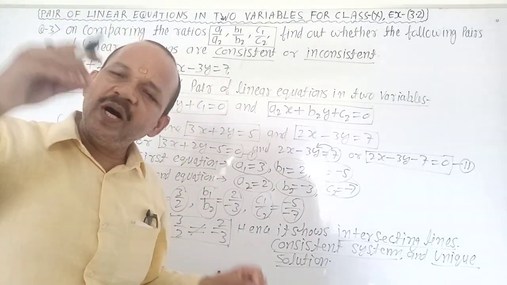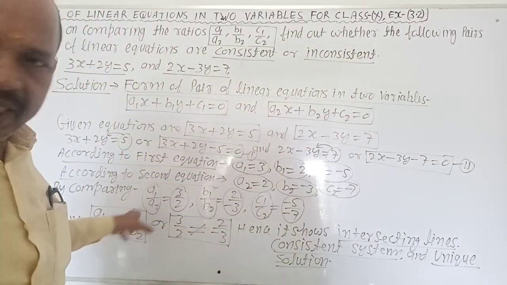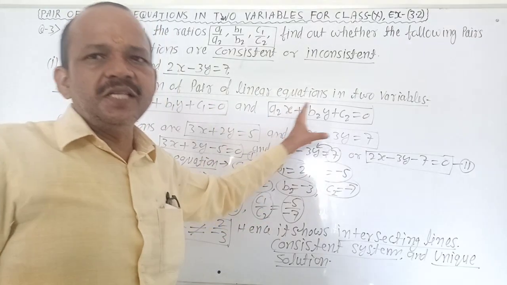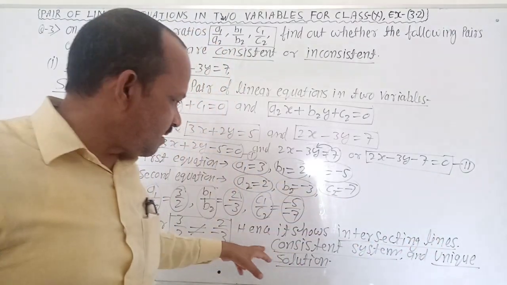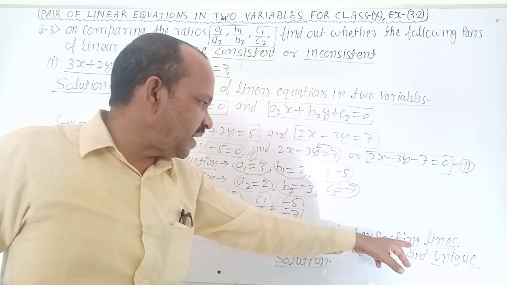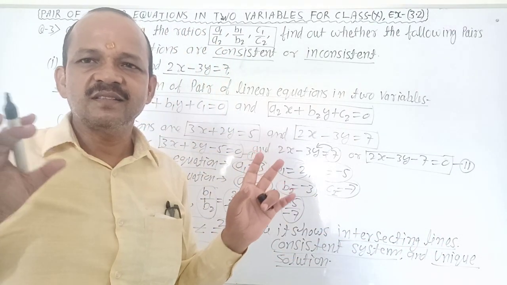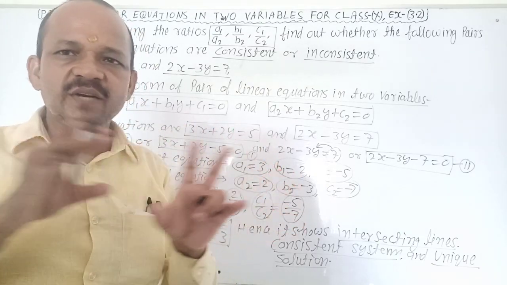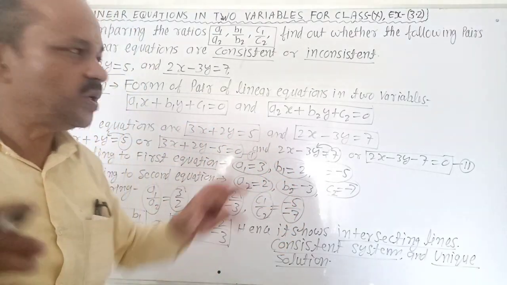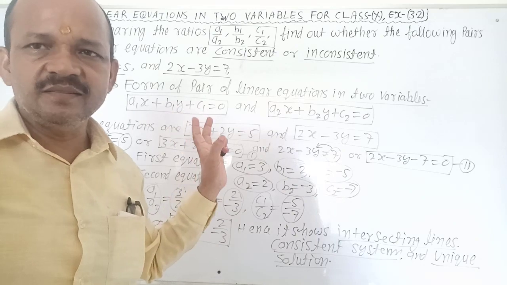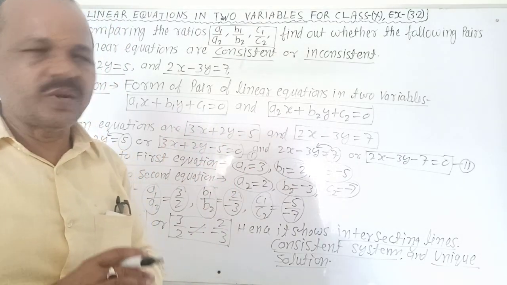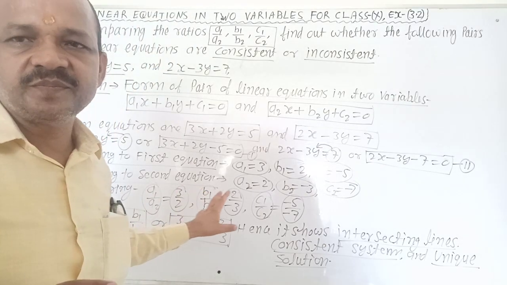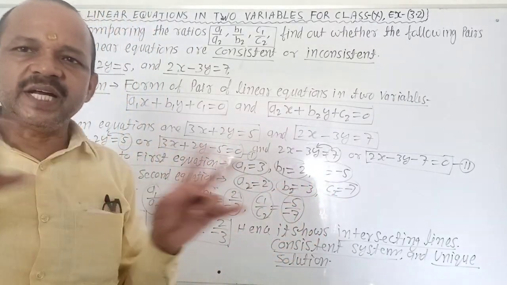You find these equations show intersecting line, consistent system and unique solution. Is it clear? Very good. Your solution is clear. In this way you can solve any question very easily with the help of this solution.